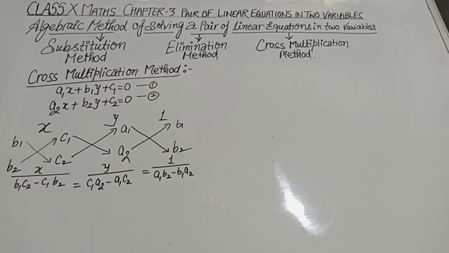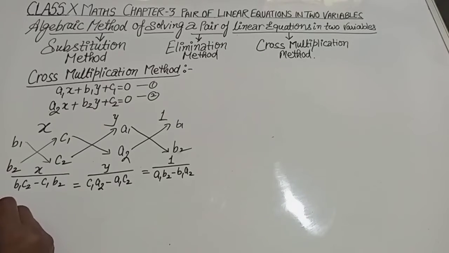Okay, so now we need to find the value of x. In the substitution method and elimination method we found the values of x and y, so here also we find the values of x and y. For x we compare the constant and x, and for y we compare y and 1.